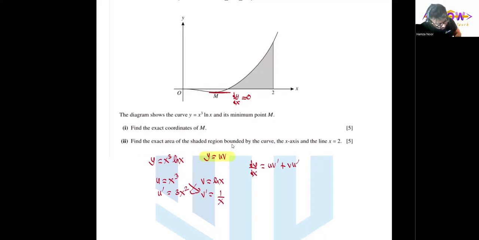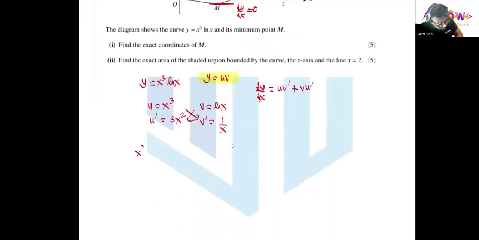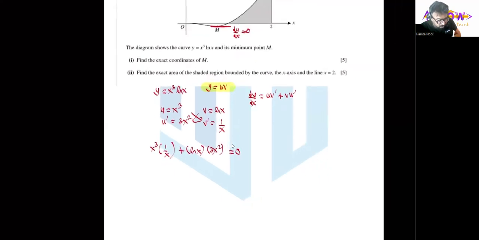So u times v dash, this means x cubed multiplied by 1 upon x, and then plus v times u dash, so ln x is multiplied by 3x squared, and this whole thing will be kept equal to 0, because we need to keep the dy over dx function equal to 0 over here.